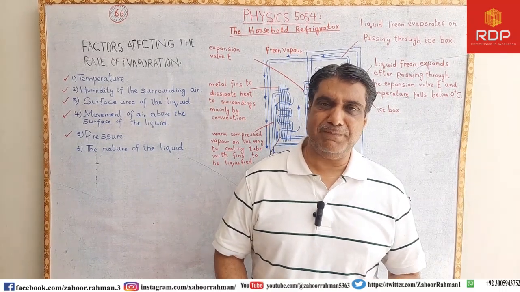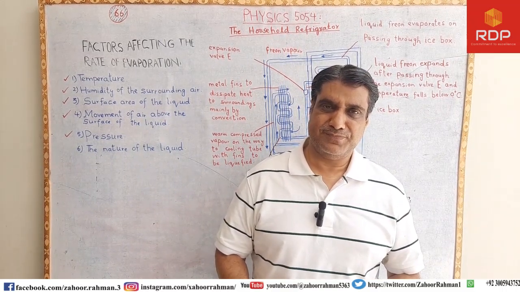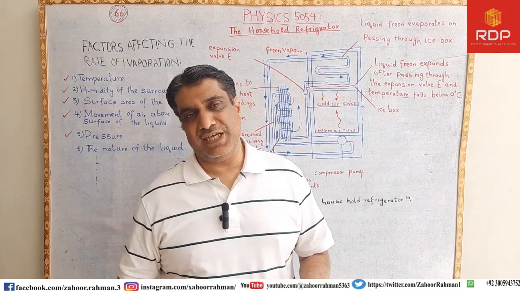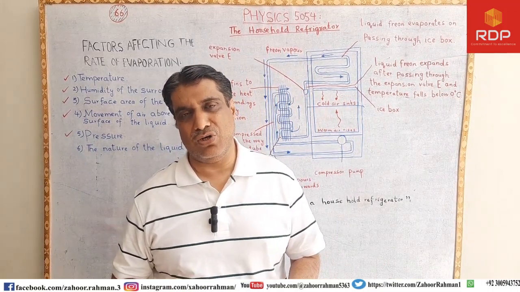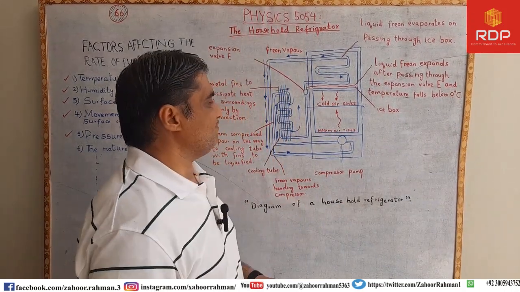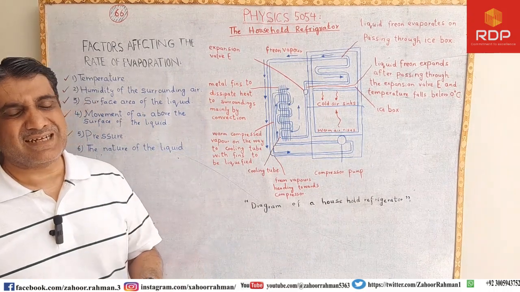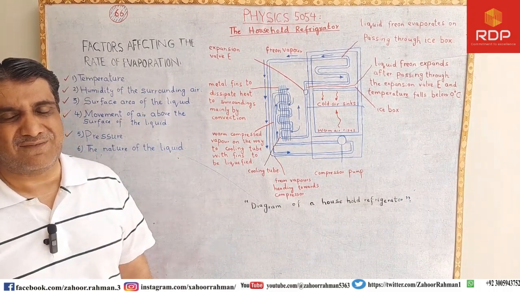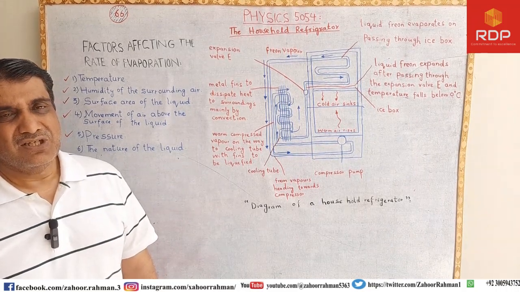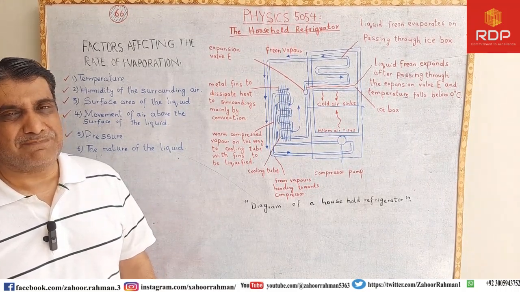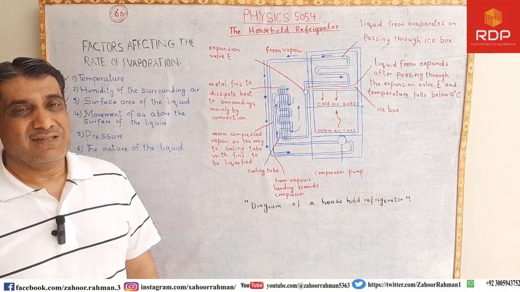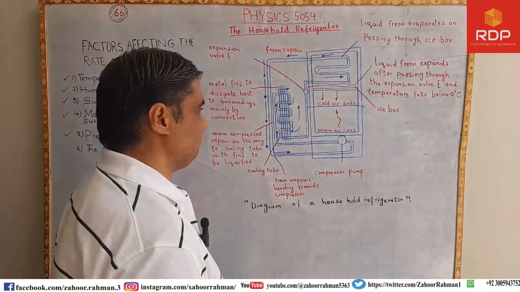Now, the final topic of this unit is the household refrigerator, because evaporation and condensation are involved in the refrigerator. So that is why this topic is in this unit.